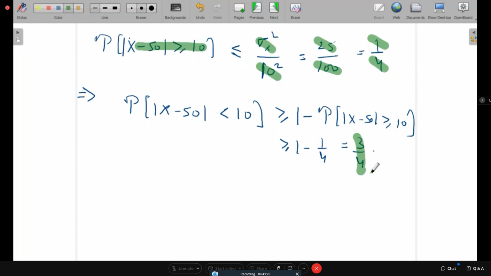And Markov's inequality looks for a random variable which assumes only non-negative values. It is correct, right? So the production between the number 40 to 60, probability is greater than or equal to 3 by 4, so 0.75. So 75%, right?